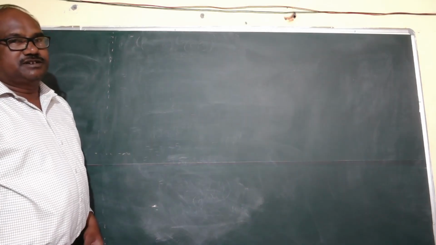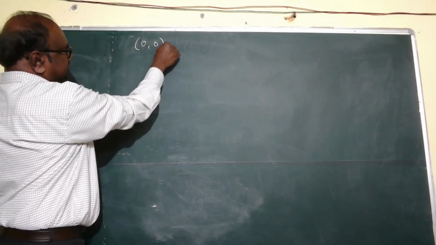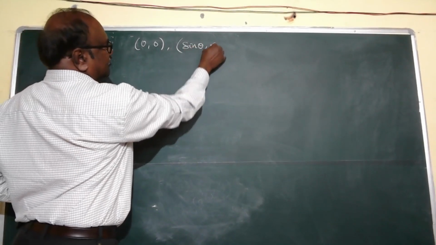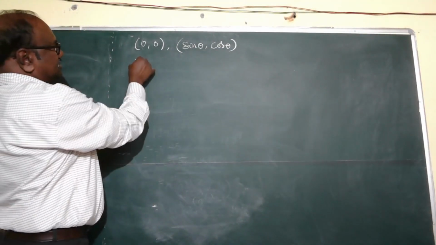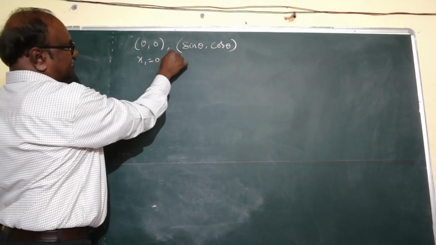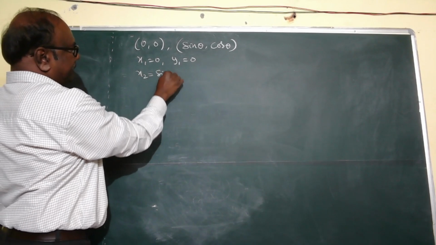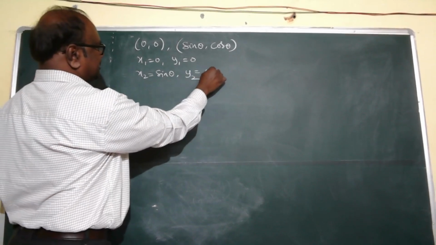One more example, let us take: if one point is 0, 0 and the other point is sin theta, cos theta. So here x1 is 0, y1 is 0, x2 is sin theta and y2 is cos theta.